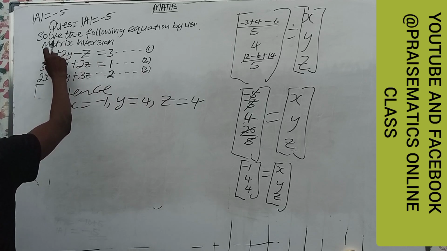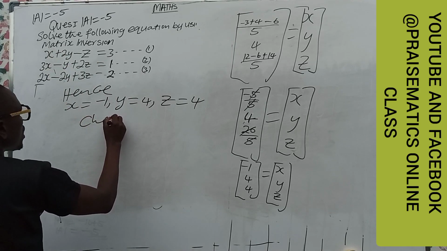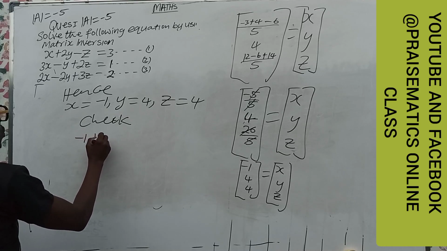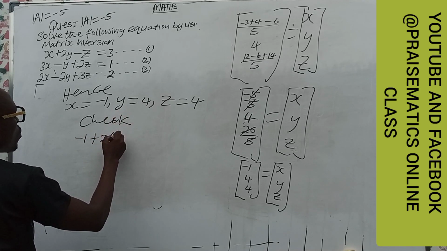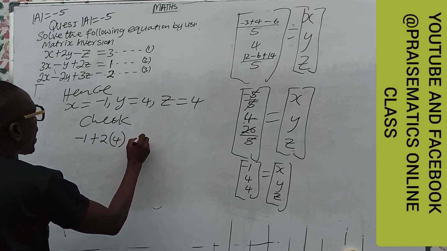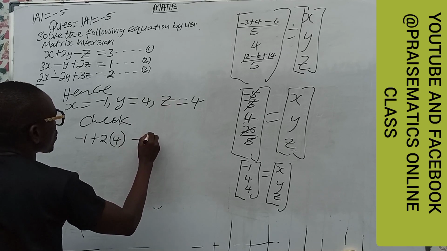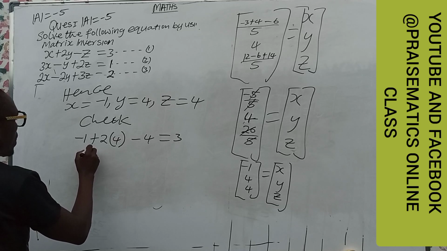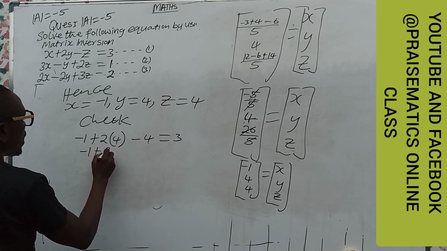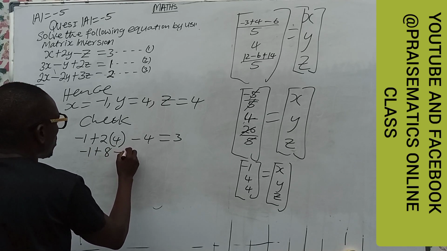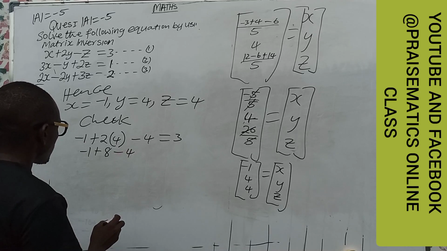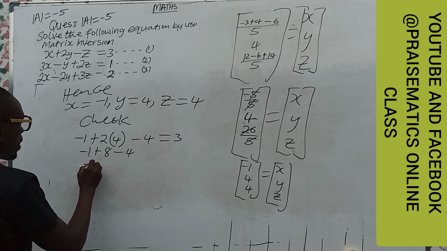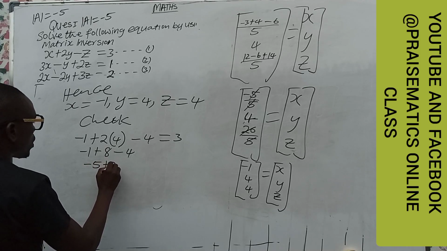If you want to check, when X is minus 1, plus 2 times 4, minus Z, which is 4, is it equal to 3? Let's look at it. Minus 1 plus 8 minus 4. Minus 1 minus 4 gives minus 5, plus 8.